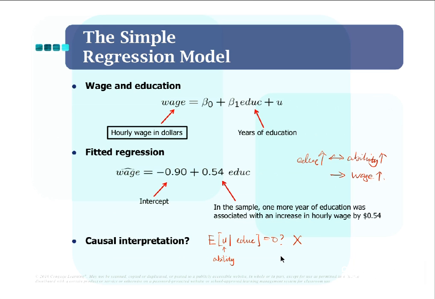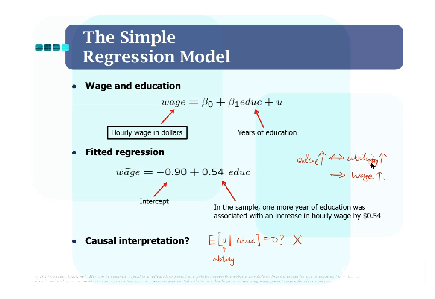More intuitively, if education is higher, it is also associated with higher ability. So both can contribute to a higher wage. So we cannot identify whether the increase of wage is attributed to the higher education or higher ability.